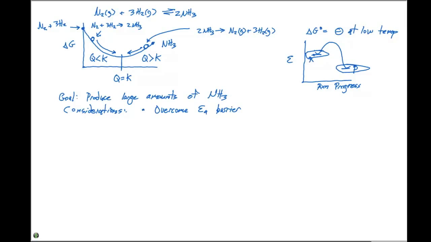The second consideration we need to think about is the rate. If it takes 3 years to produce 10 grams of ammonia, I don't think that's going to go very well, and we're not going to be able to produce much of this in a reasonable amount of time. Another thing we need to think about is how we can shift the equilibrium to produce more NH3.